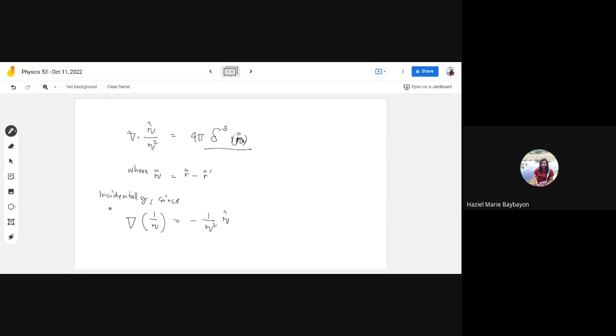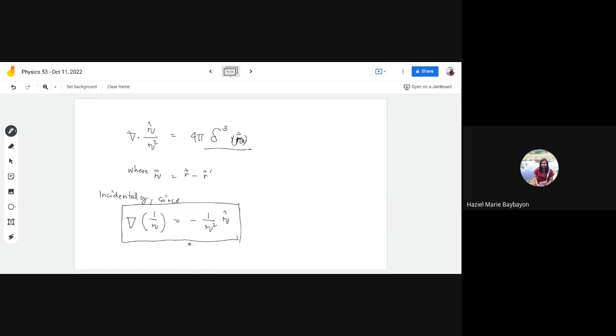Okay, so the gradient of 1 over R is just equal to the negative of 1 over R squared R hat. I do not know if this has been given in the previous example, but you can take note of this. It can also be proved.